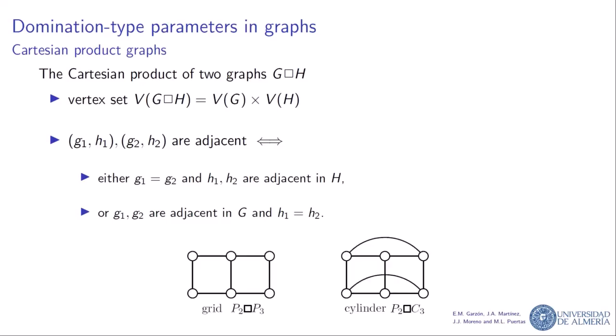The graphs we have seen before are both Cartesian product graphs. In the first case, we have the Cartesian product of 2 paths, which is called in general a grid, and the second example is the Cartesian product of a path and a cycle, which is called in general a cylinder.